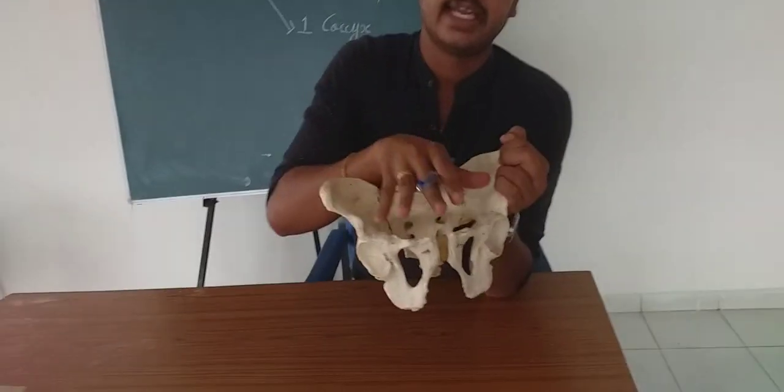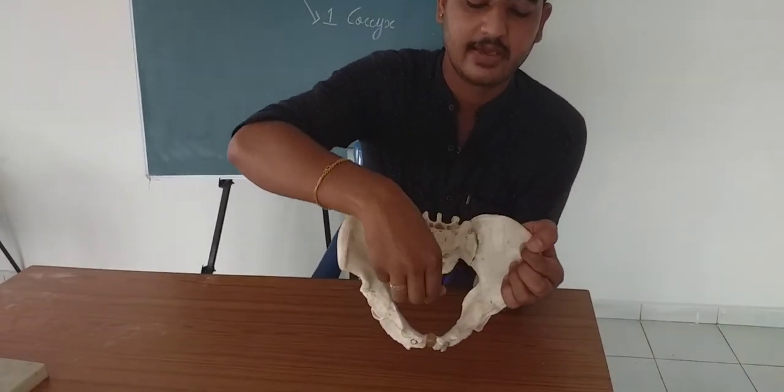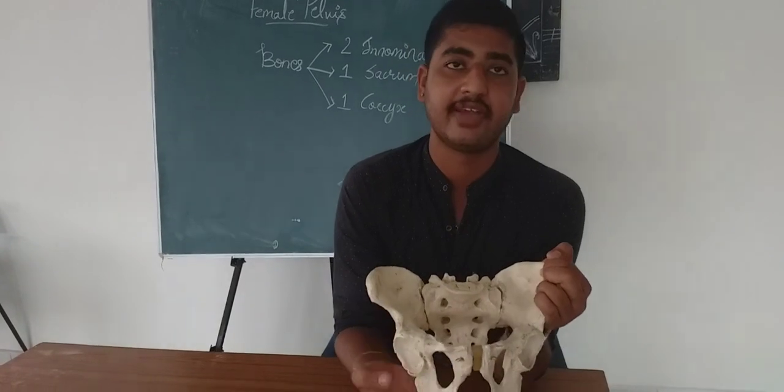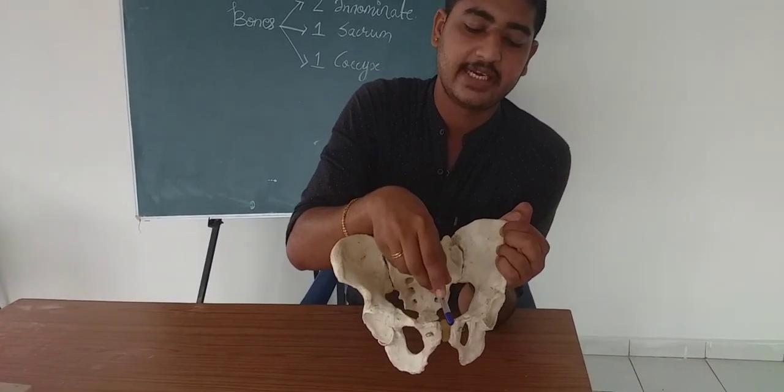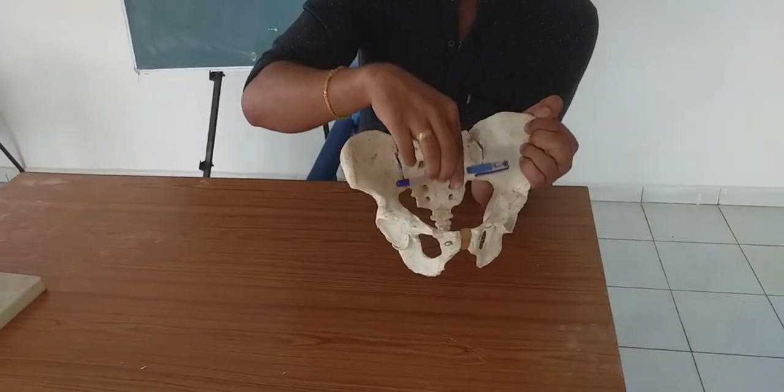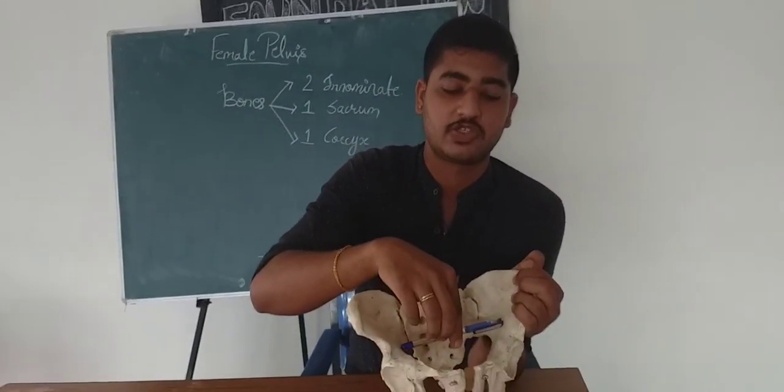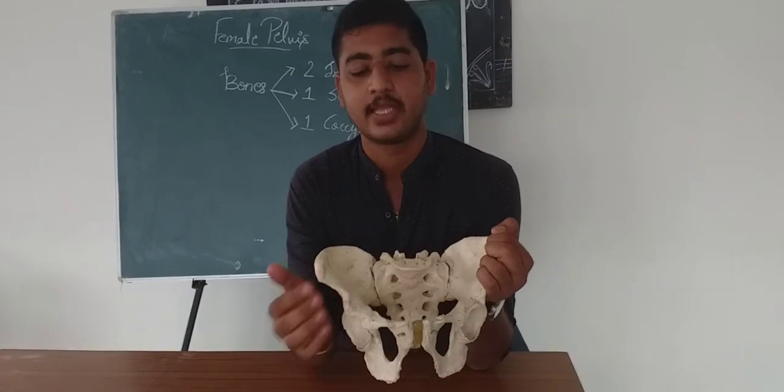We have inlet, cavity, and outlet, and we have to measure three diameters for all three: the anterior posterior, the oblique, and the transverse diameter. Please don't get confused between the pelvic diameters.